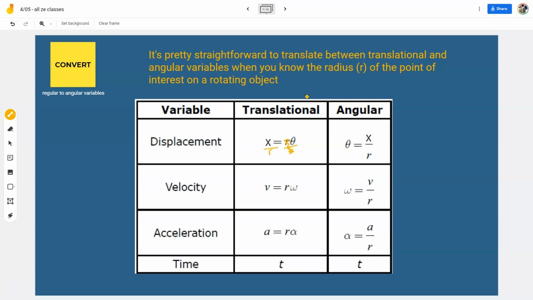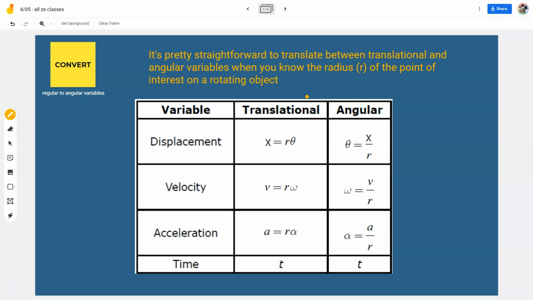And that's how we get that equation right there. We've used these first two rows already. The new one is acceleration. Just like before, the circular or rotational variable is the one that always has the radius attached to it: radius times angular acceleration, radius times angular velocity, radius times angular displacement, and so on.